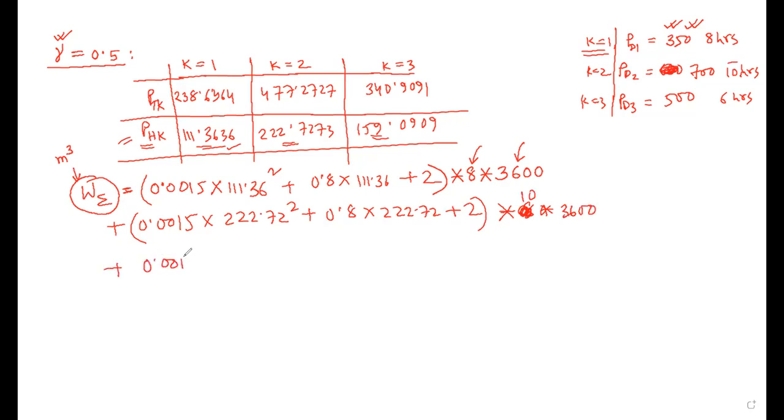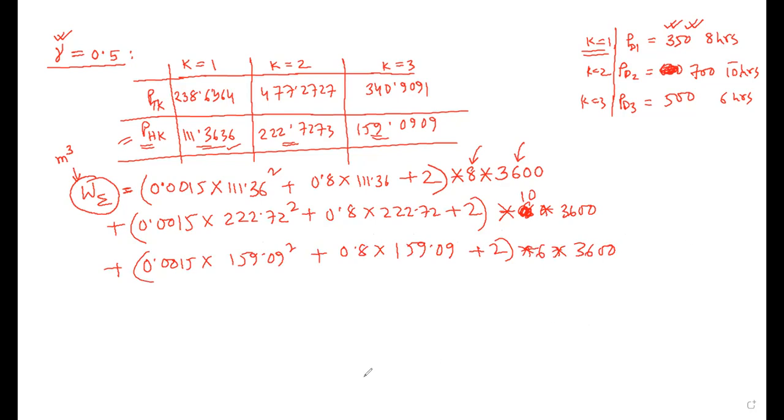Plus 0.0015 times 159.09 squared plus 0.8 into 159.09 plus 2, for 6 hours, converted into seconds.